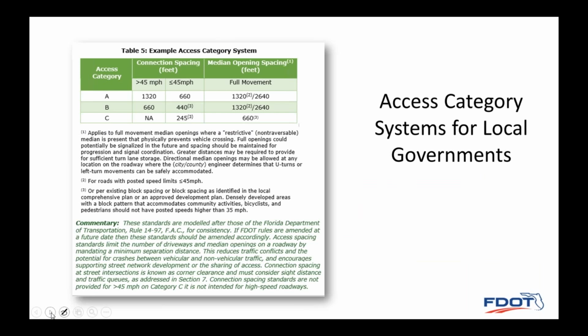And so we've got category A, B, C here, and these are basically the Florida DOT access spacings that you see in the category 2 through 6. So those are the same, and the median opening spacing is the same. If there's a median, this is what they would be.